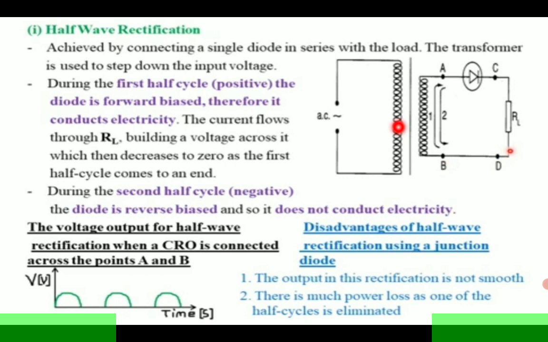Remember the action of a transformer. When current is introduced into the primary coil, it is going to induce an EMF through mutual induction in the secondary coil. So think about this.